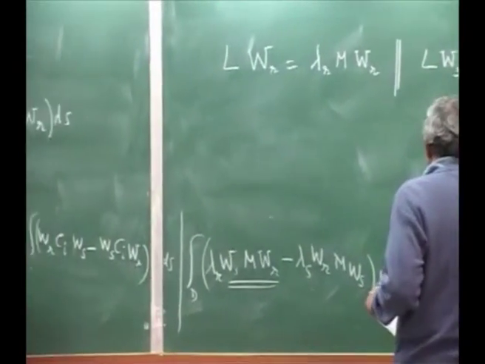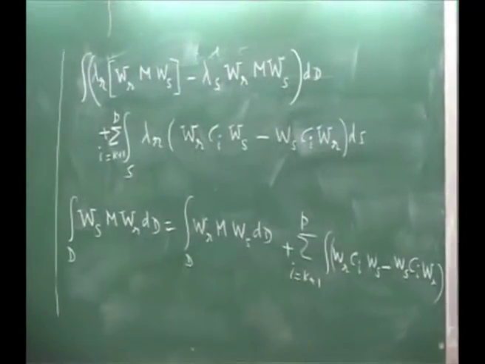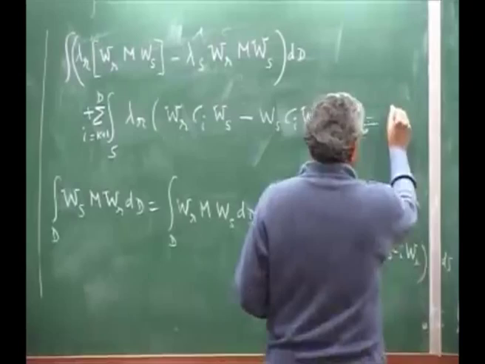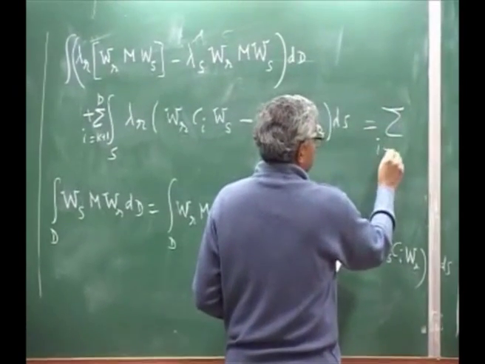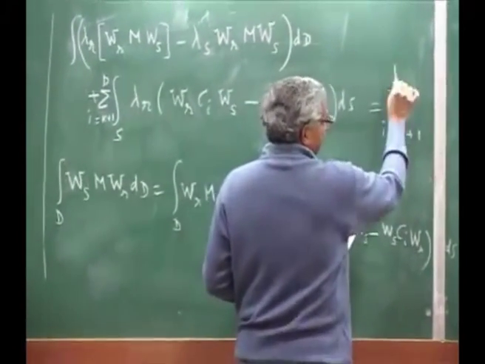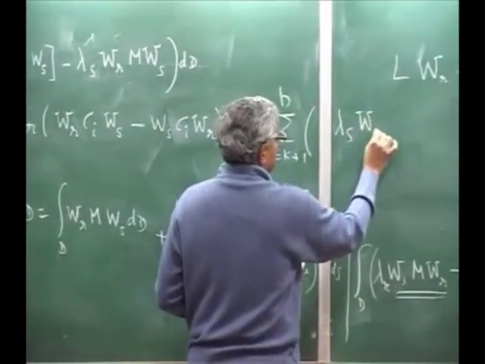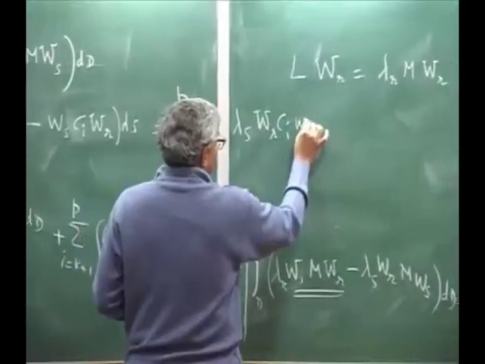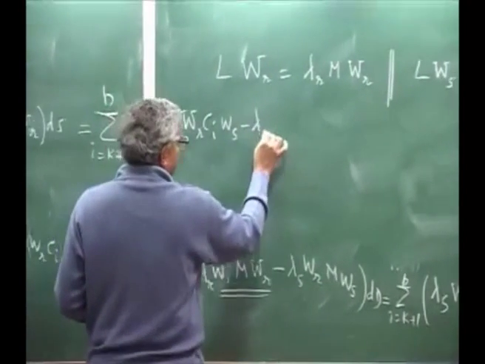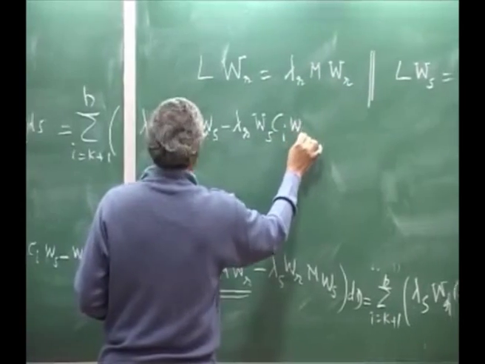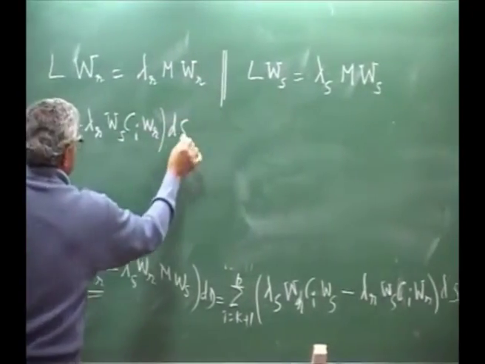You are equating to summation i from k plus 1 to p of lambda s Wr Ci Ws minus lambda r Ws Ci Wr dS. Okay.